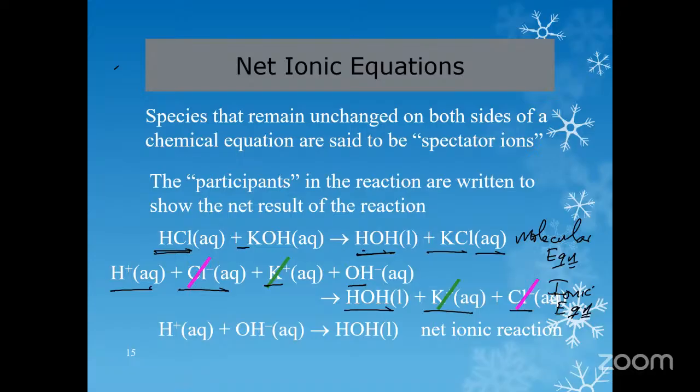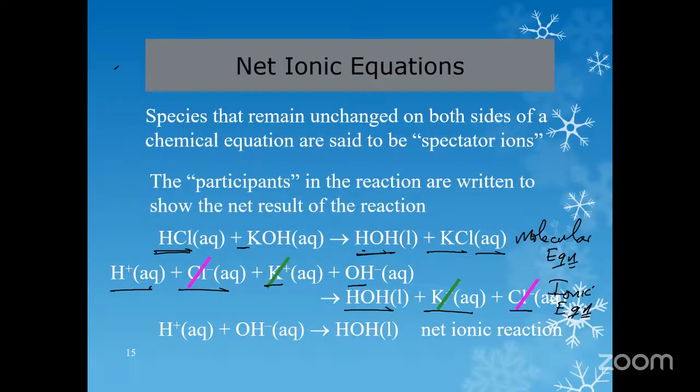These are the steps you follow to determine the net ionic equation. Basically, you start from the top and identify those items that will undergo complete dissociation. That would be strong acids, strong bases, and any ionic compound in an aqueous solution. Once you determine what ions will be present in the ionic equation, you identify those ions that are common to both sides.